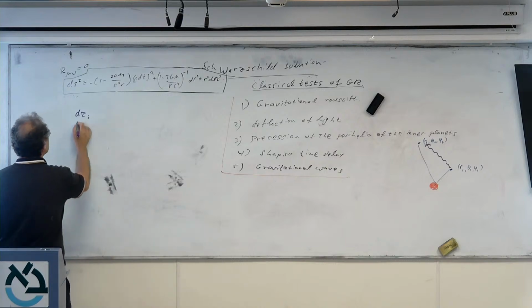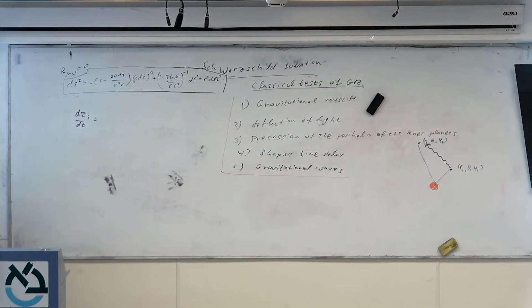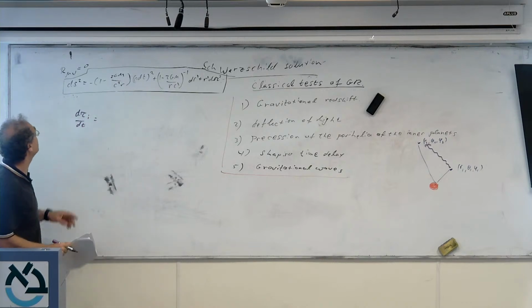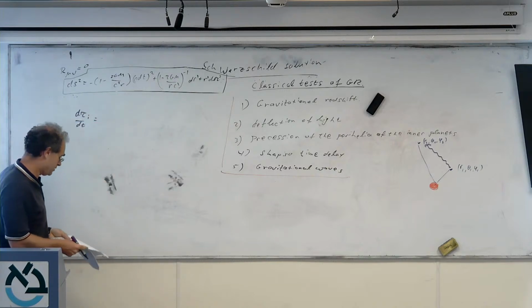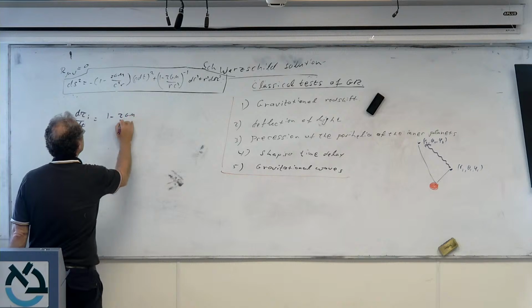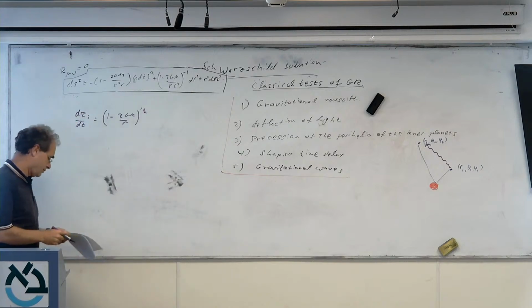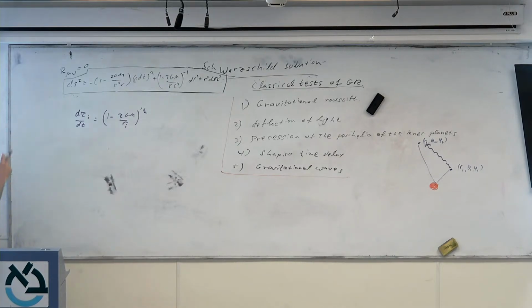It is 1 minus 2GM over r to the power 1 half. Remember, tau is s over c. So I can actually take it straight from here, with c equal to 1.